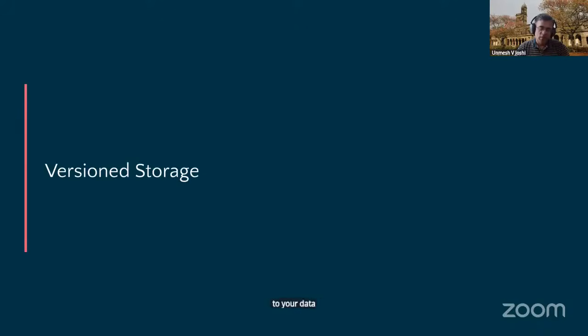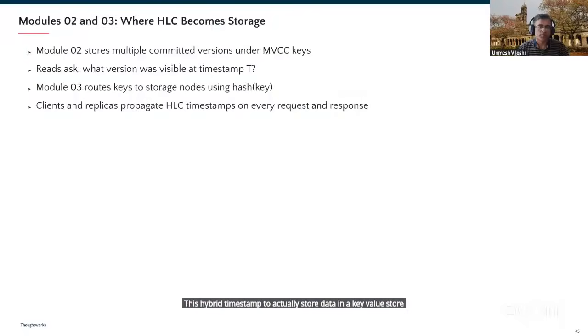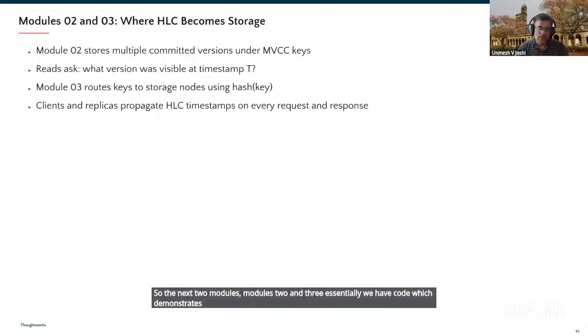So the next important aspect is how to use this hybrid timestamp to actually store data in a key value store. So in the next two modules, modules 2 and 3, we have code which demonstrates how versioned data is stored in databases.